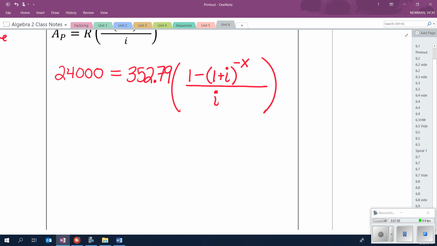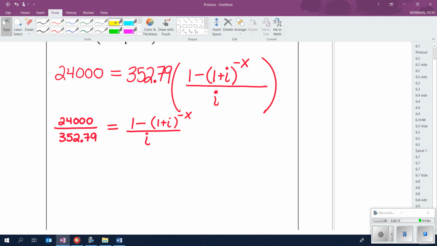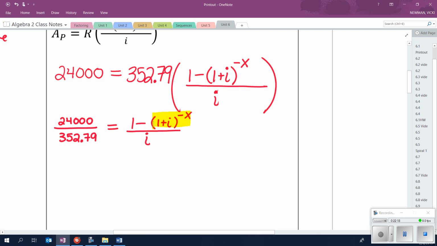Divide by the 352.79. So 24,000 divided by $352.79 is equal to 1 minus (1 plus I) to the negative X, divided by I. You see what we want to get alone. We want to get this thing alone.